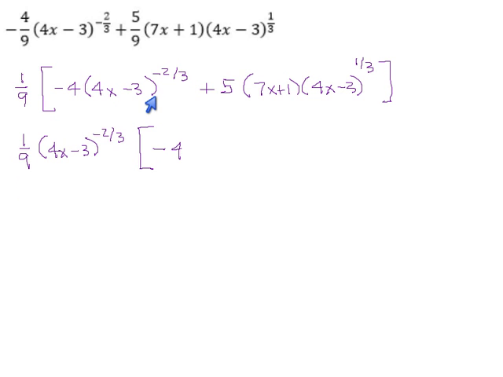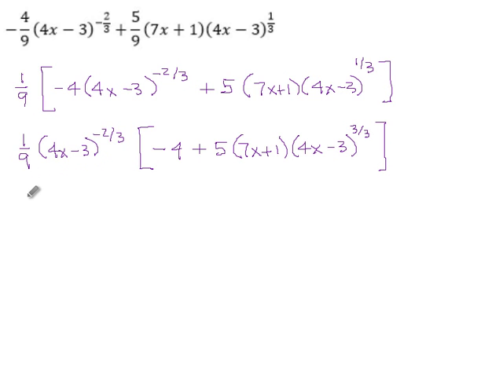Well, this just vanishes, because we have 4x minus 3 to the minus 2/3 divided by exactly the same thing. In our next term, we have a 5, we have 7x plus 1, and we're going to have 4x minus 3, but to what power? 1/3 minus negative 2/3, because we're dividing by it, is the same as 1/3 plus 2/3, which is 3/3. That reduces, which I'm going to be happy to do in the next line.